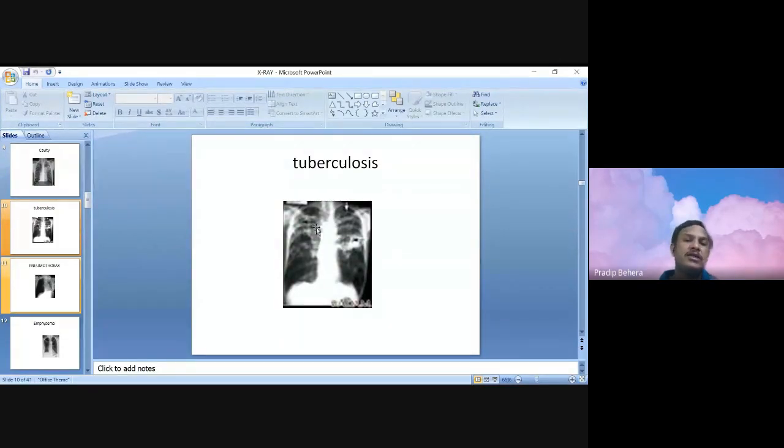You'll see the trachea is deviated to the same side. That is evidence of fibrosis. Upper lobe involvement is very typical of tuberculosis. You will find multiple shadows of different types, like soft shadows, hard shadows, fibrotic bands, which are seen like opaque bands.